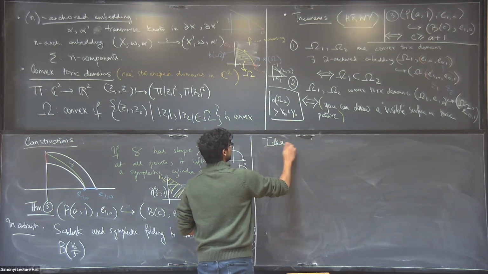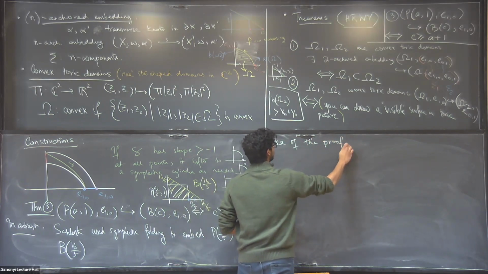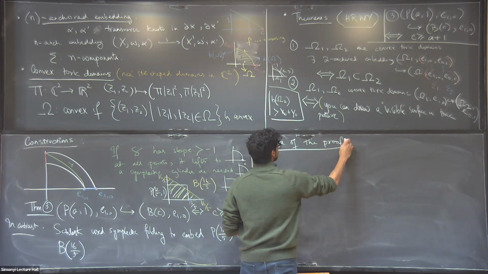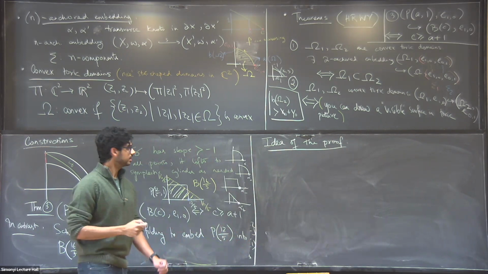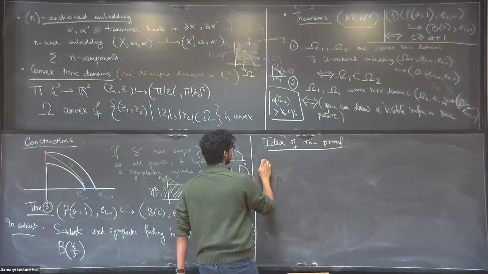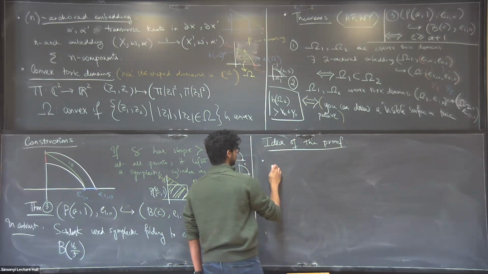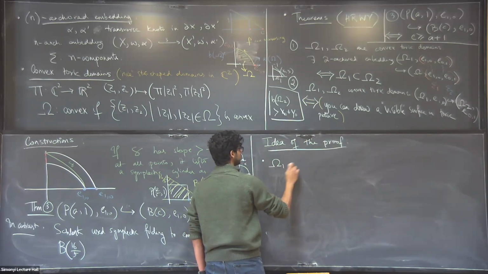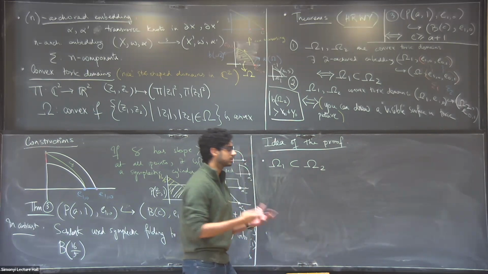So the idea of the proof. The proofs of all three are based on these ideas. So the main idea: let's talk about theorem one, when can we say that omega 1 sits inside omega 2 as toric domains?